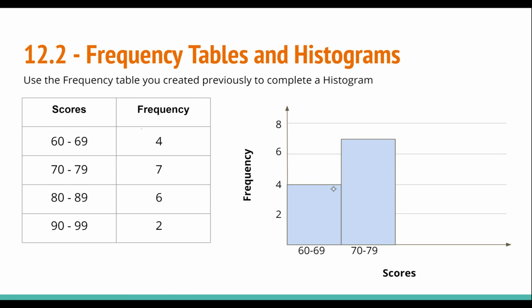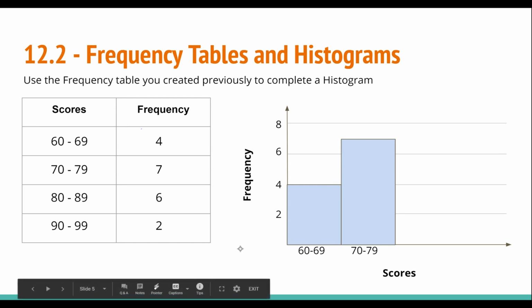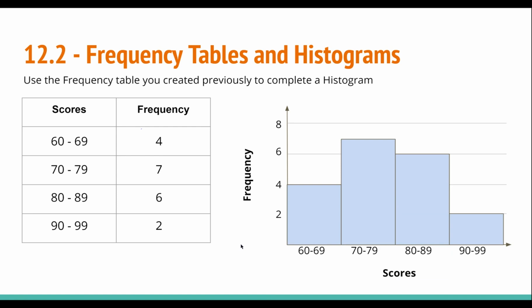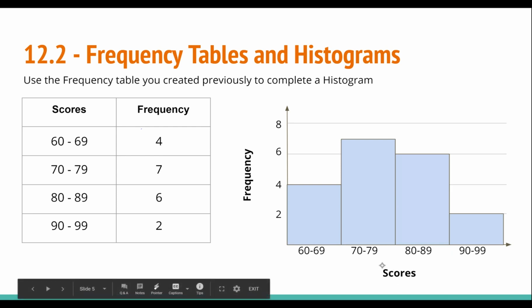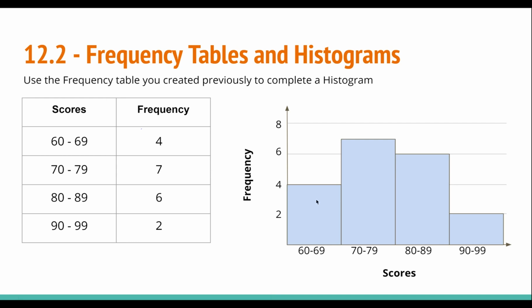There's 7 for our 70 to 79 interval. 6, and then 2 for our last two intervals. So we got our labels, we got our numbers on the x and y axes, our intervals and our frequencies, our bars, same width, reaching up to their heights of the frequencies.